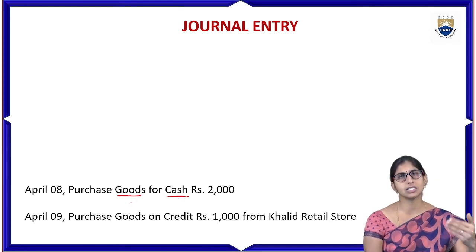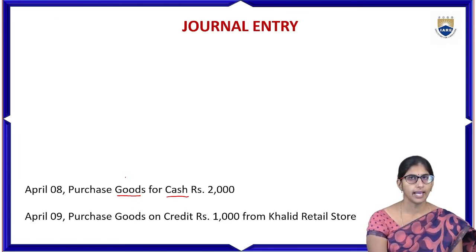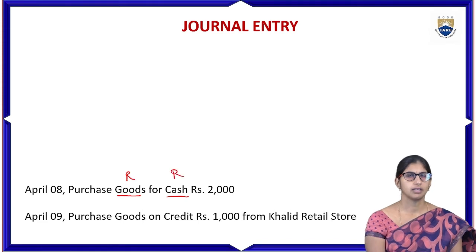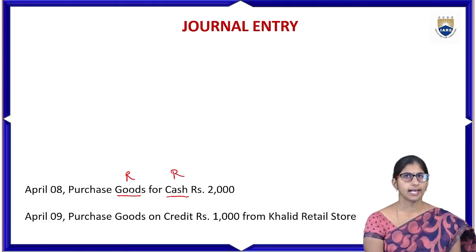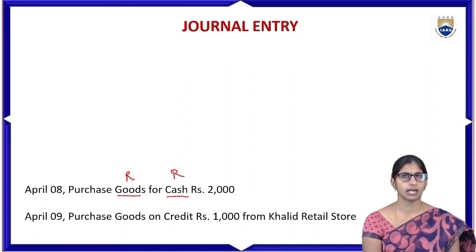When the business is purchasing goods, what is happening? Goods are coming in. Goods come under which account? Real account. Cash also comes under real account. As per the rule of real account, debit what comes in, credit what goes out.